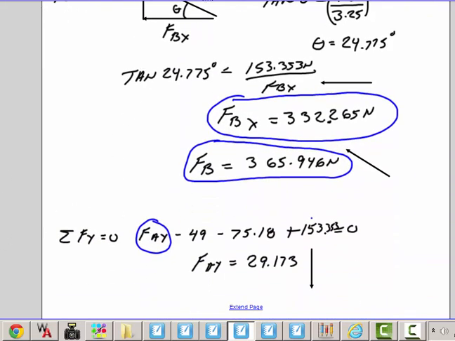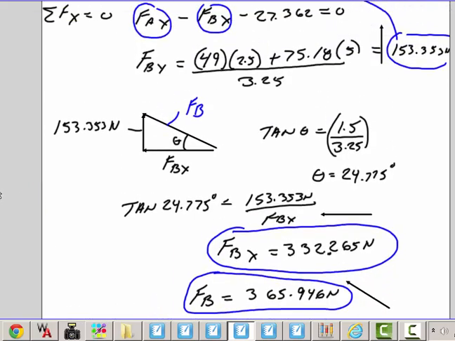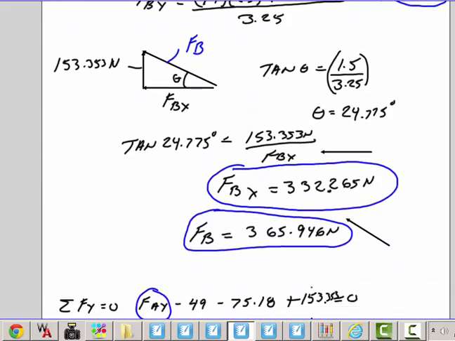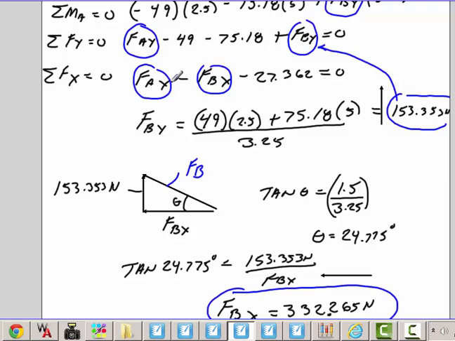Now, since I know FAY, let's go back to this equation. I know FBX, we'll put it back into here, and I'll solve for FAX. So when you take the value that you had for FBX, and FBX was 332.265, I'm showing a negative, so it's okay just to put it right in.